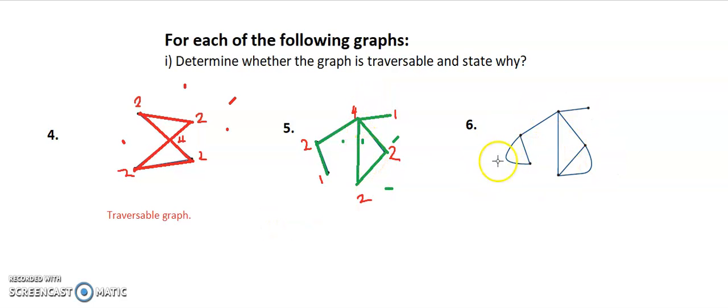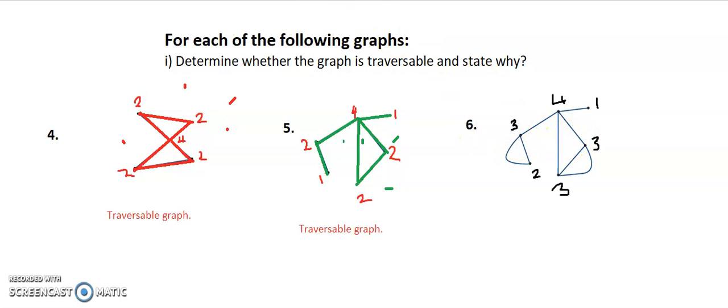Let's look at our last one over here, 6. So with our 6, let's look at our degrees. My degrees here is 1, I've got 4, 3, 2, 3, and 3. Straight away, I know it is non-traversable. And I am able to double check that by trying to draw a path.